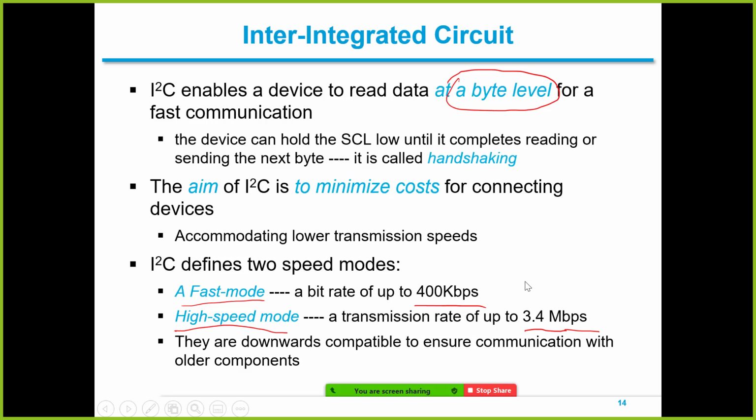And these speed modes can be downgraded to be compatible, to ensure communication with some older components.